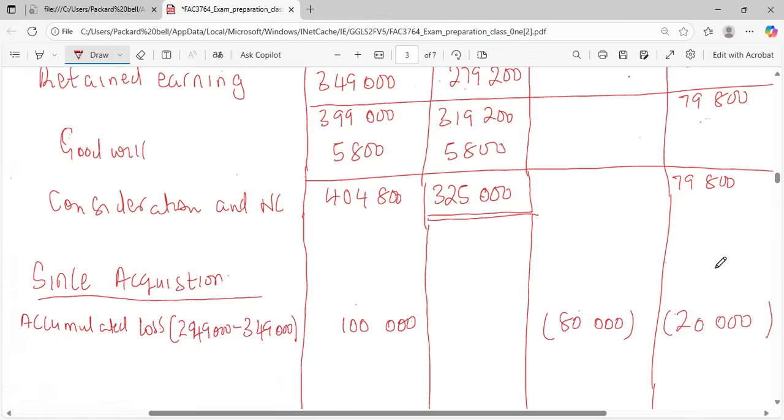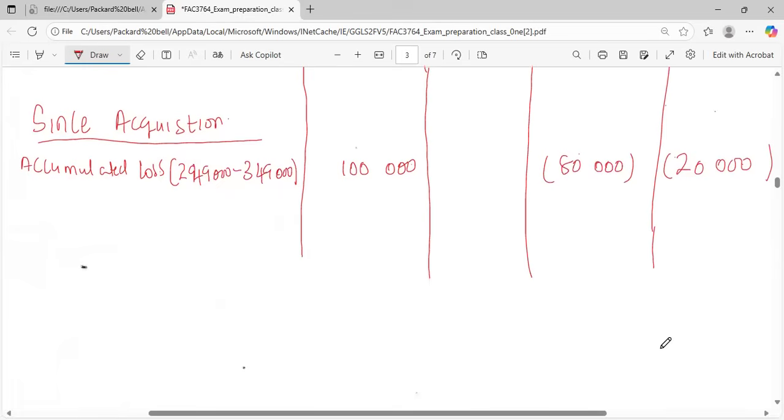Then from there, where do we go in our analysis? We go to current year. What happened in the current year? So in our current year, we need the profit for the year. We need to see what goes to NCI, what goes to the group in the profit for the year. So we come here and say profit.